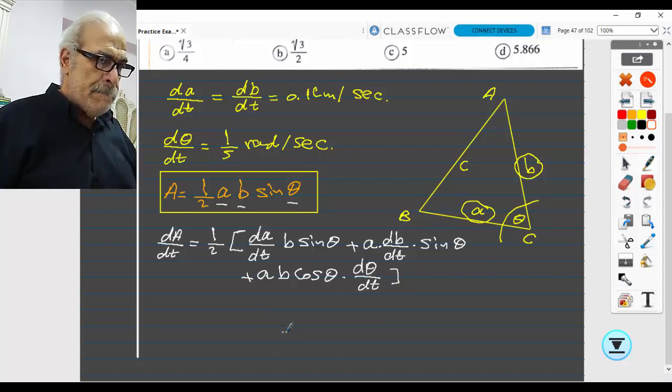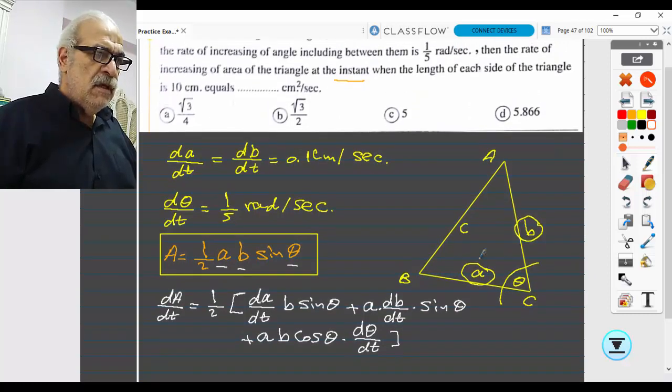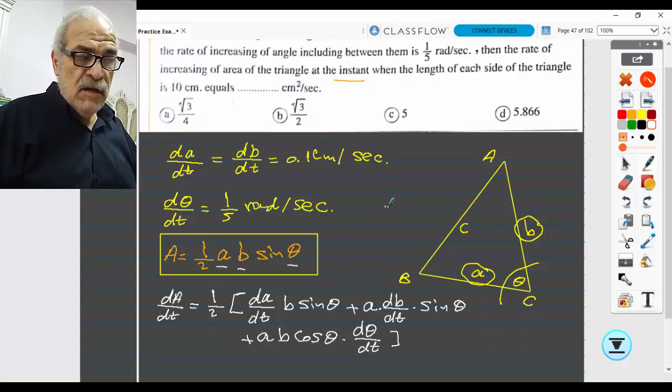Okay, now the required is to find the dA/dt when, back to the question, each side of the triangle equals 10. So the triangle in this case, the three sides are equal.